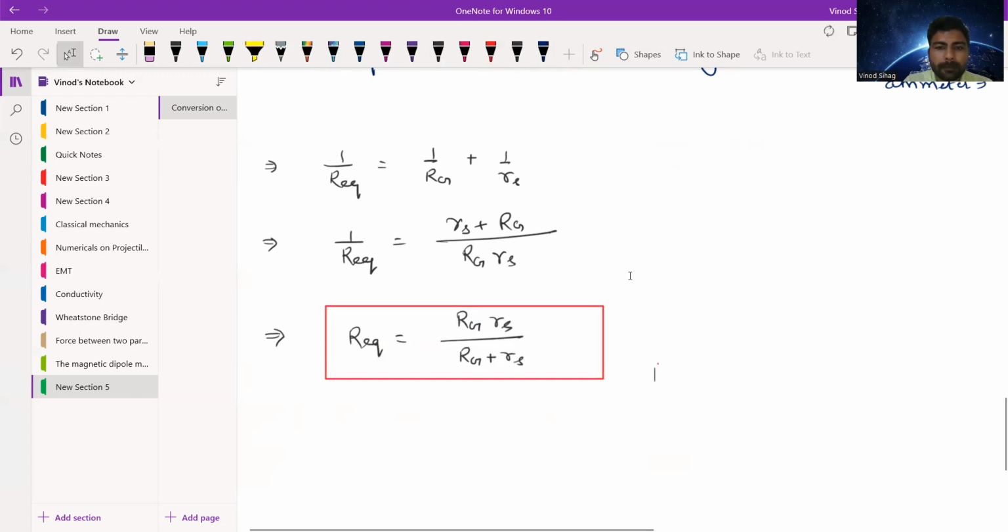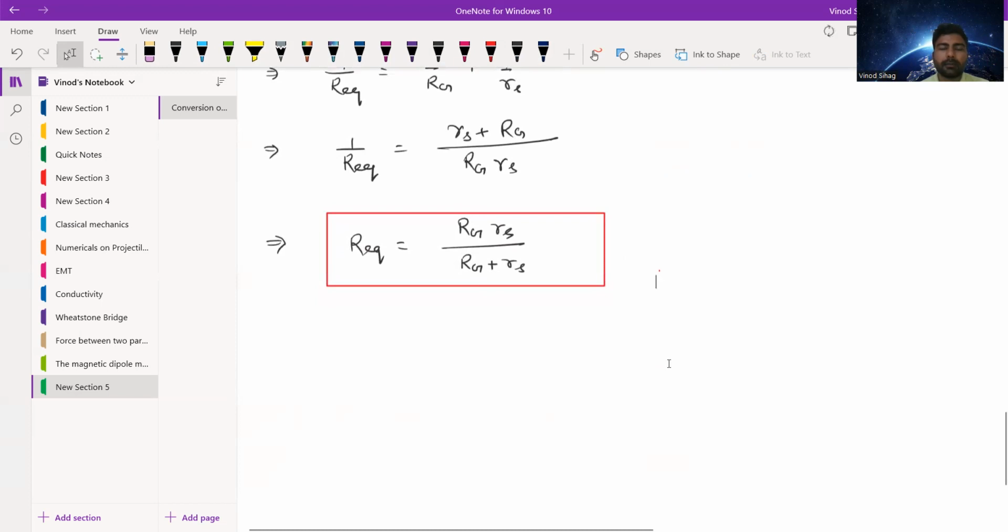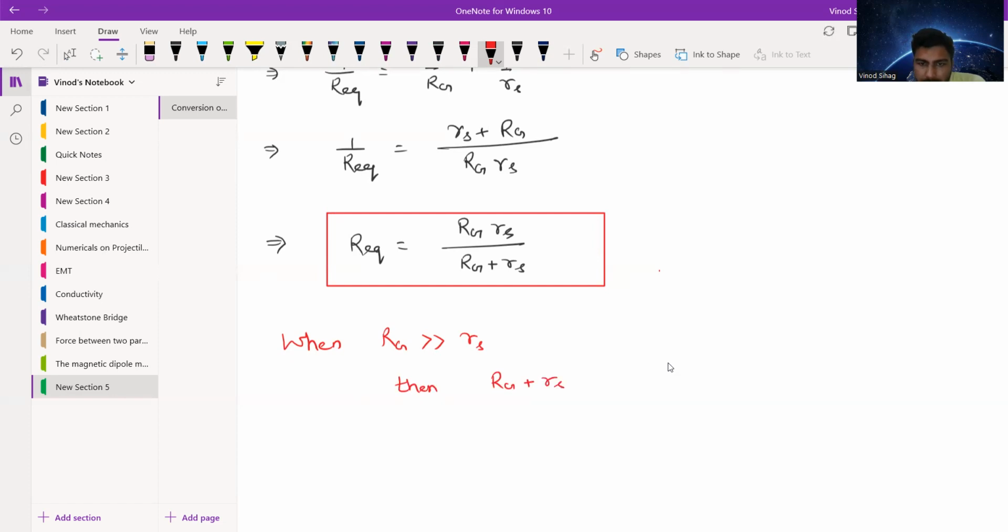Now, if we roughly talk about it, when we know that Rg, the resistance of the galvanometer, is very high with respect to the shunt resistance connected in parallel, then in the special case when Rg is much greater than Rs, Rg plus Rs is approximately Rg only.